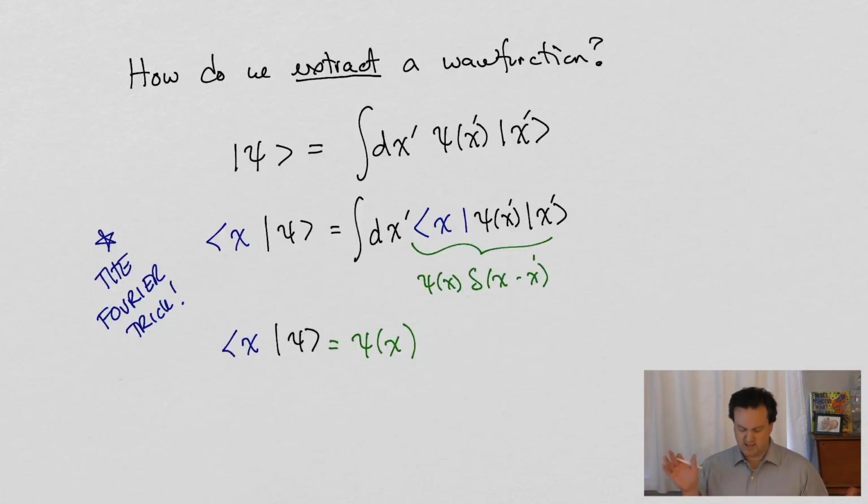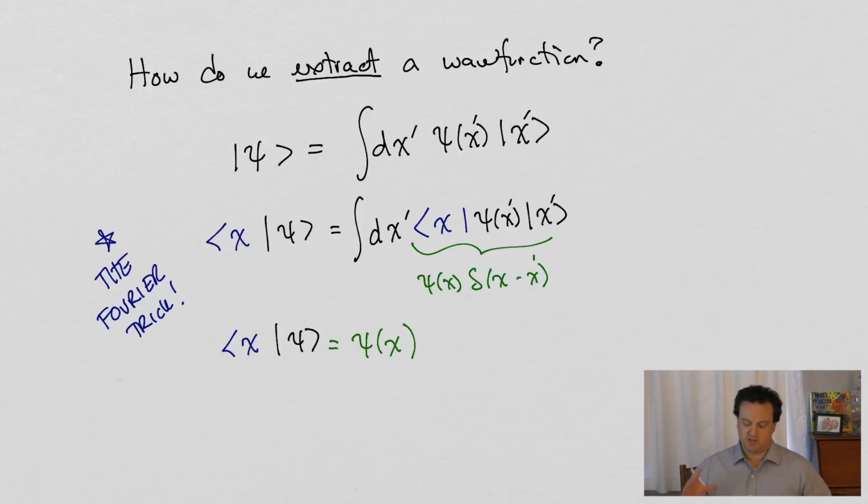I'm going to take another eigenstate, x, and dot it into my wave function, and then I've changed the x under the integral to be x prime because that's just a dummy variable, and I can push my bra x into the integral, and I get this inner product of bra x with ket x prime, times psi.